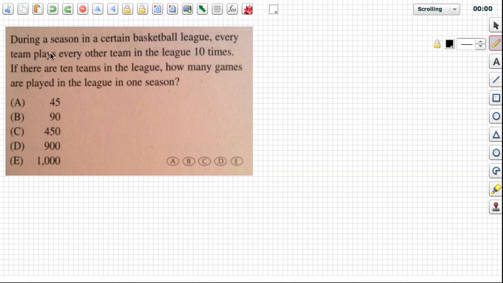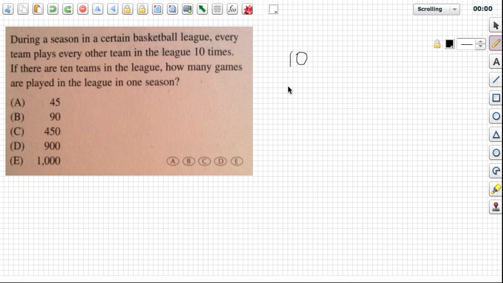Here's a good one. It's all about logic. During a season in a certain basketball league, every team plays every other team in the league 10 times. If there are 10 teams in a league, how many games are played in the league in one season? So there are 10 teams.